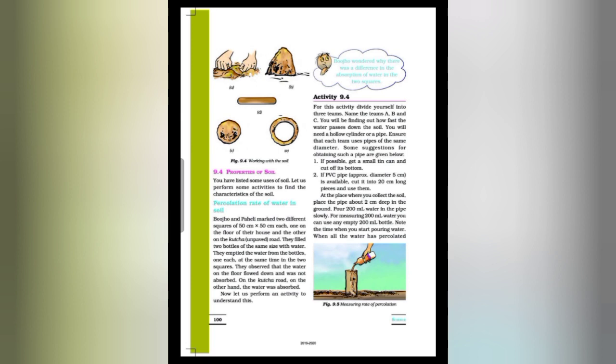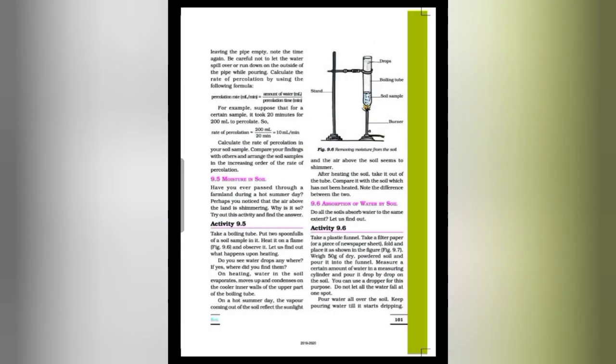To measure 200 ml water, you can use any empty 200 ml bottle or a measuring cylinder. Note the time when you start pouring water. When all the water has percolated, leaving the pipe empty, note the time again. Be careful not to let the water spill over or run down the side of the pipe while pouring.